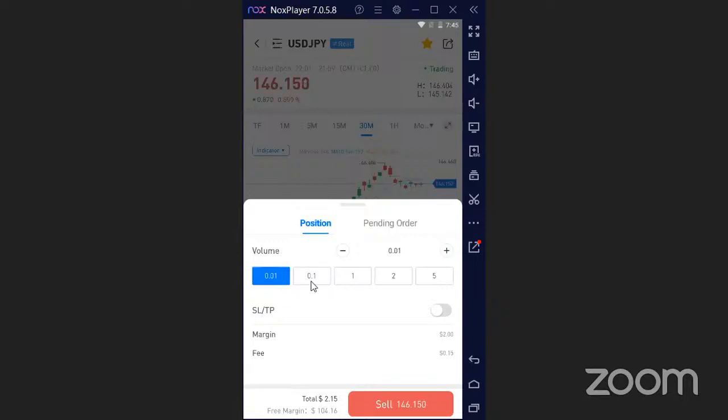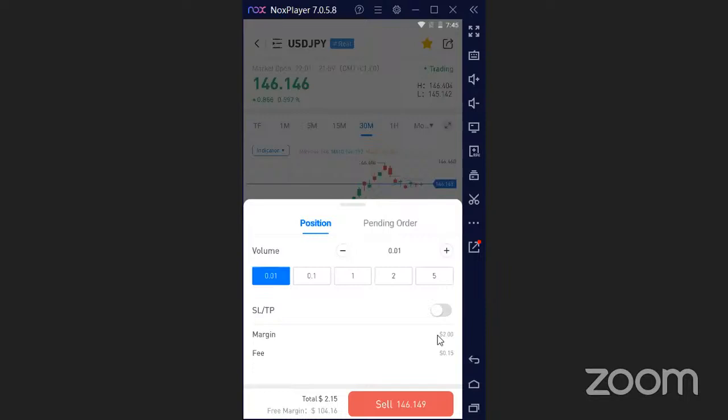Say for example, you have $10, so maybe you want to use 0.01. It will calculate for you. 0.01, when you set your stop loss, is going to charge you $2. In case this trade doesn't go the way you predicted, it's going to take $2 from your account.